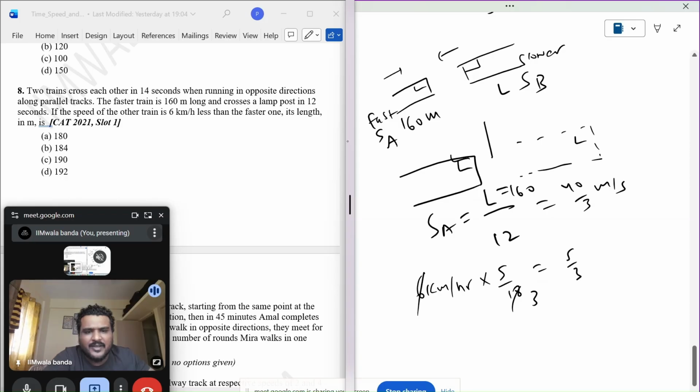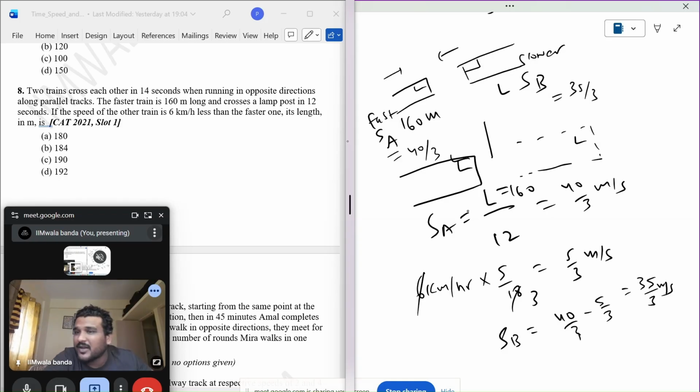So this is 5 by 3 meters per second. It is saying that it is 5 by 3 meters per second less than the faster one. So if the faster train's speed I know is 40 by 3, I can simply say the speed of the slower train will be 40 by 3 minus 5 by 3, or 35 by 3 meters per second. So I know the speed of B, this is 40 by 3 meters per second, this is 35 by 3 meters per second.